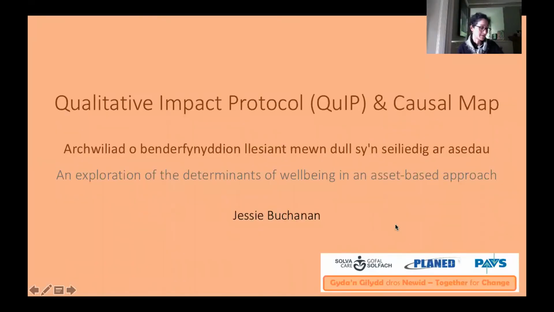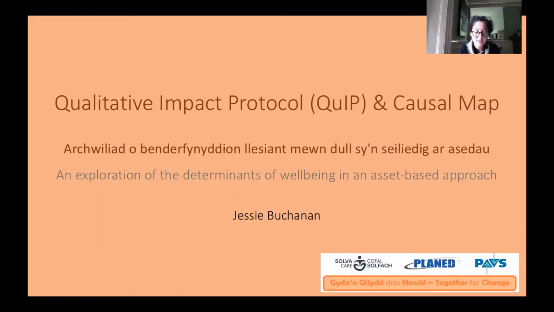Here we are. Qualitative impact protocol and causal map: an exploration of the determinants of well-being in an asset-based approach. This project is exploratory. We are piloting a qualitative research method in Pembrokeshire, and in doing so, it will ascertain the utility of an approach informed by qualitative impact protocol, QIP, and the use of the causal map application.